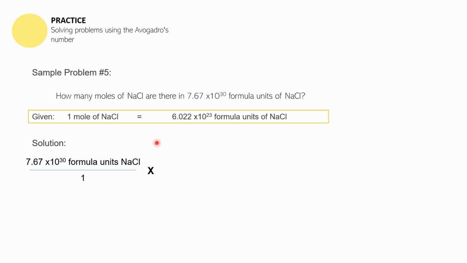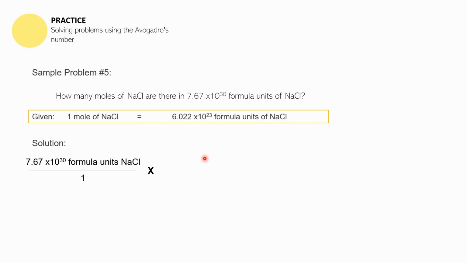For the table of equivalence, you have this right here. What you need to remember again is to make sure that formula units of sodium chloride is cancelled. How do you make sure of that? You put the side of the equation that is similar to this unit as the denominator so that it will be cancelled later on.